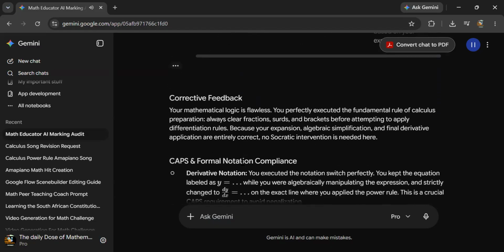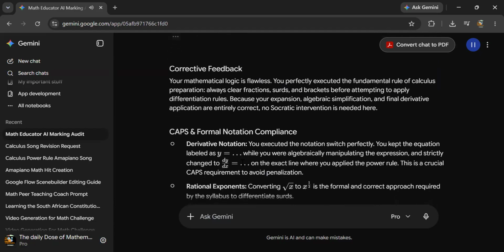Corrective feedback. Your mathematical logic is flawless. You perfectly executed the fundamental rule of calculus preparation. Always clear fractions, surds, and brackets before attempting to apply differentiation rules. Because your expansion, algebraic simplification, and final derivative application are entirely correct, no Socratic intervention is needed here.